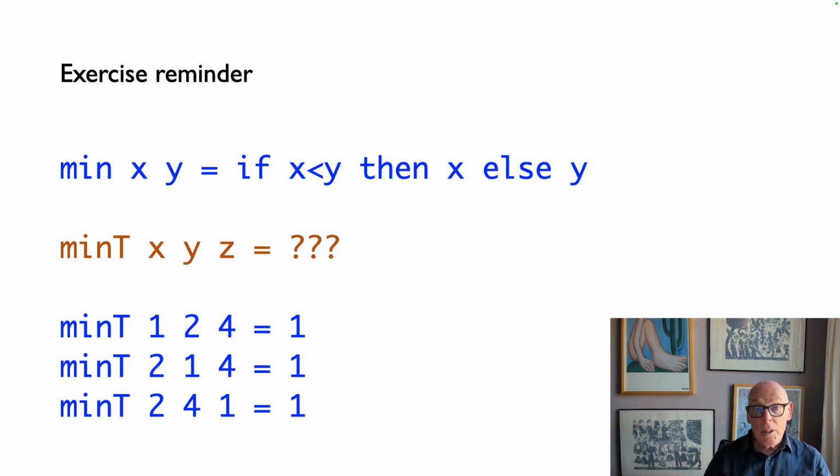And the way that worked was not to define it from scratch, but to say, oh, we could use the minimum function with 2 arguments to give us the minimum of 3. We first find the minimum of x and y, and then the smallest of all 3 is going to be the minimum of the first 2, and the third. And that indeed gives us the solution we want.